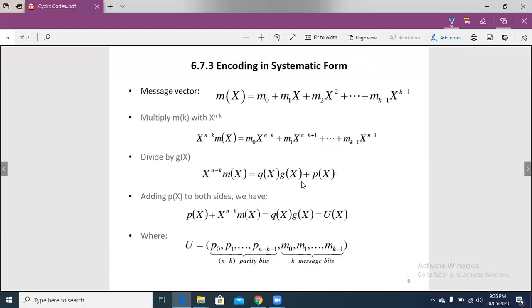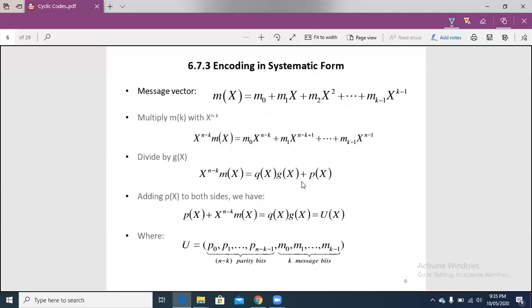So let's see here that this message is multiplied by x to the n minus k, m of x, because this parity is of order n minus k. So when we shift the message by n minus k, these k bits will be able to add the parity of order n minus k minus 1, or n minus k parity bits, right?